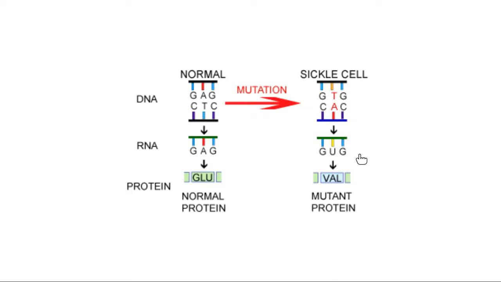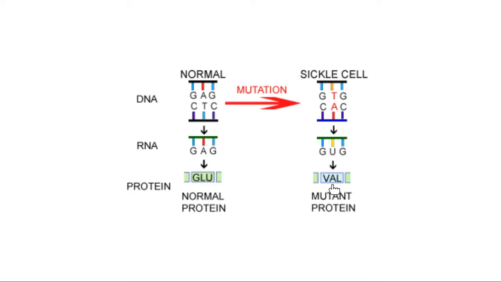When I use my genetic code table to translate these two codons, I end up with an amino acid called glutamic acid in normal situations versus valine when I have sickle cell anemia.